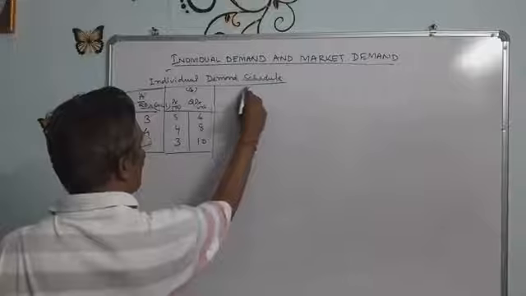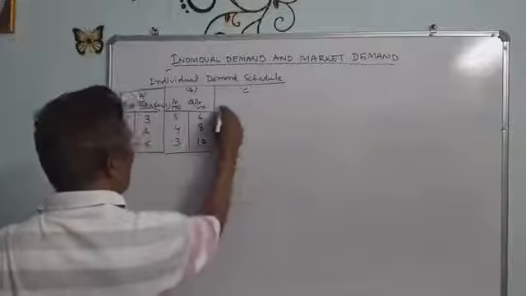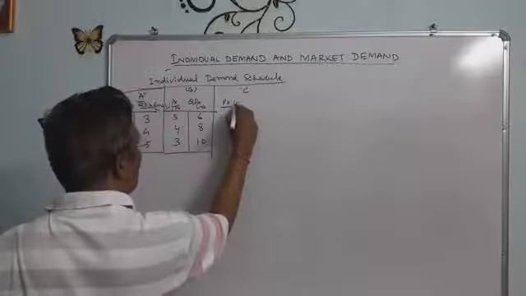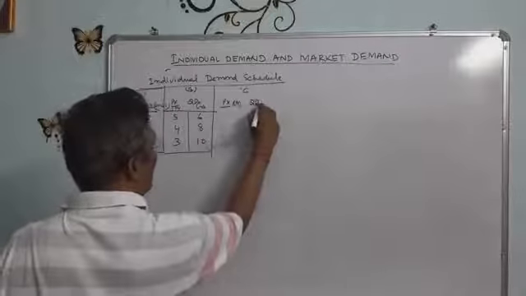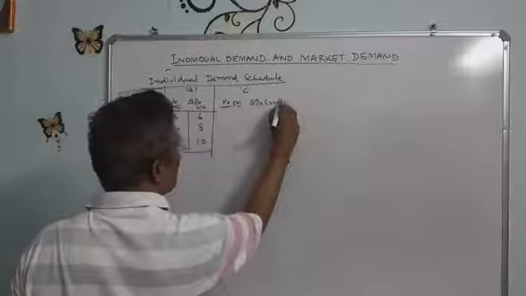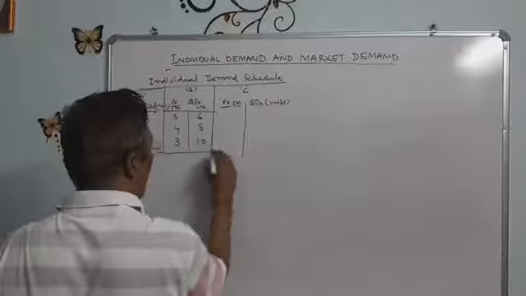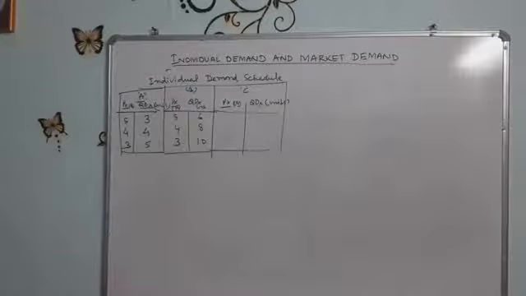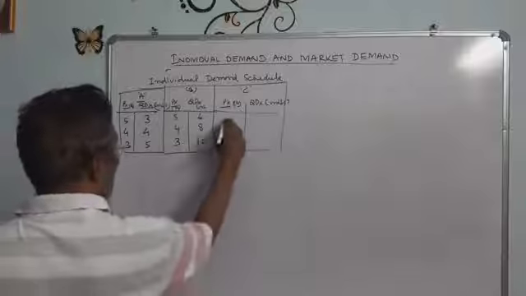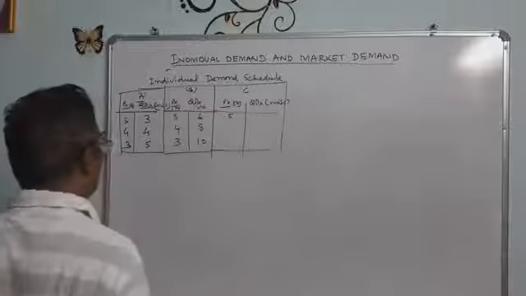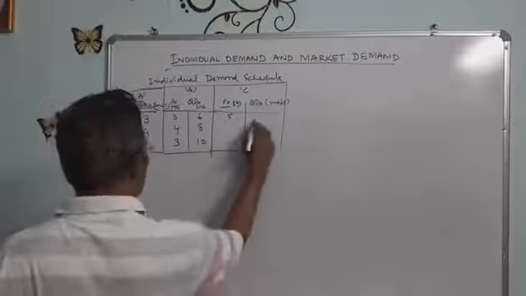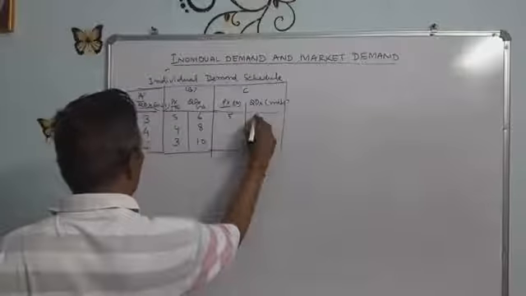Similarly, C is a consumer, or an individual. The price of X goods is in rupees and the quantity of demand of X goods is in units. The price is the same, 5 rupees, and the quantity demanded is 4 units.